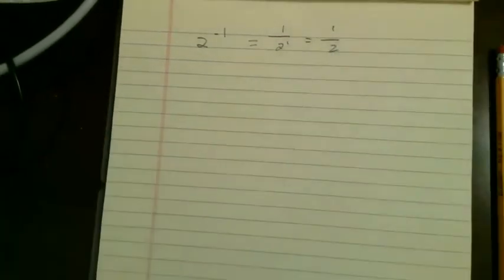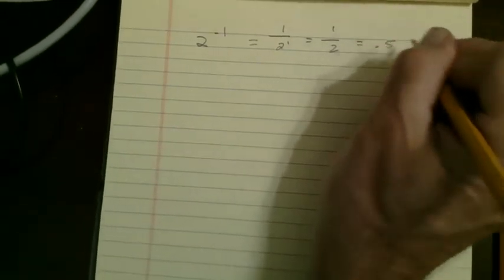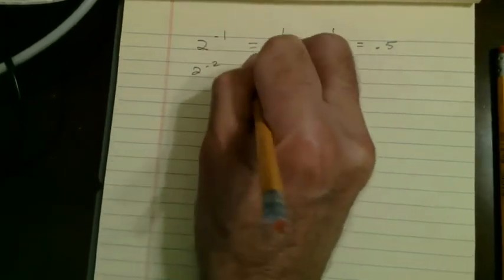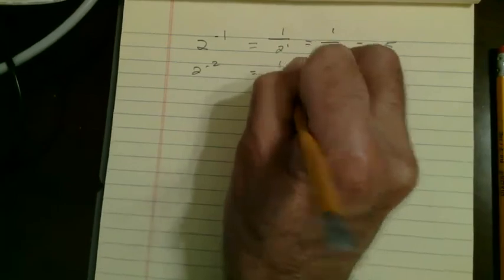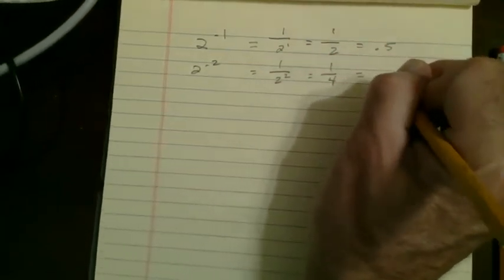I've got 2 to the negative 1. Just like we said, 10 to the negative 1 is 1 over 10. 2 to the negative 1 is 1 over 2 to the first, which equals 1 over 2, or in other words, 1/2. Or if you want to write it as a decimal, it's 0.5. 2 to the negative 2 is equal to 1 over 2 squared equals 1 over 4, which is 0.25.